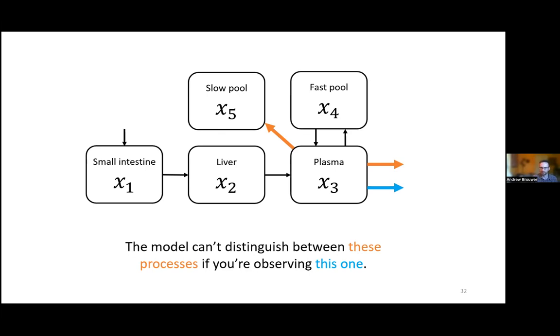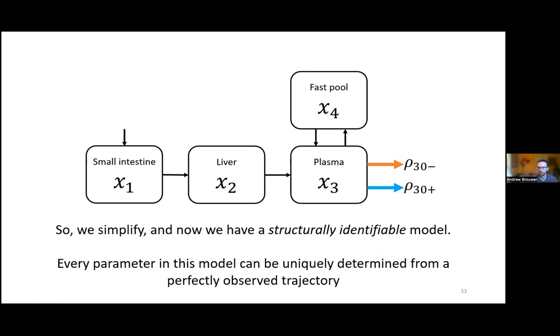And so in this case, there is a very simple reduction, which is simply removing the slow compartment and adding it to that other orange arrow, and rephrasing here row 35 plus row 36 as this row 30 minus. So it's leaving 3 and going into the ether. So this is now a structurally identifiable model, and every parameter in this model can be uniquely determined from a perfectly observed trajectory.